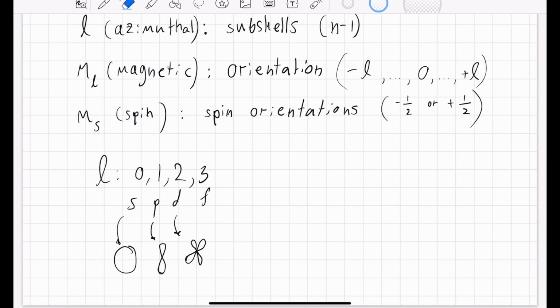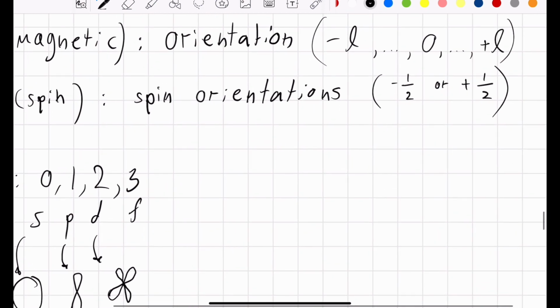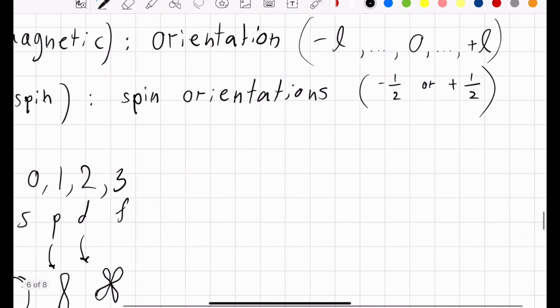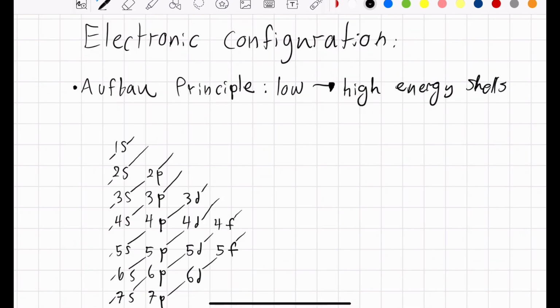And finally, we have the MS, or spin quantum number, and this describes the spin orientations of the electrons that are paired in an orbital. The value we could have for an electron for the spin orientation is -1/2 or +1/2. If we want to figure out electronic configuration, we have to know a few principles.